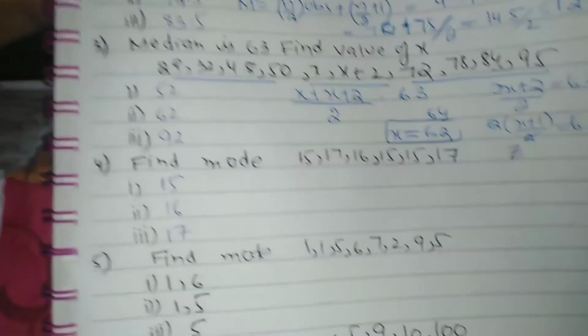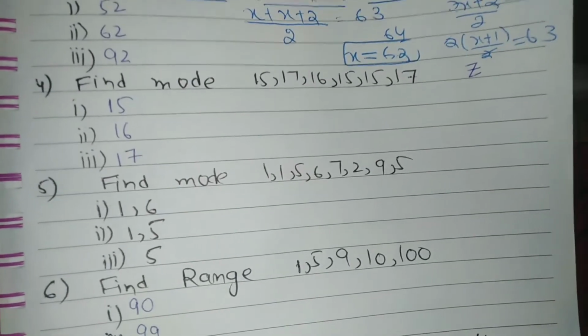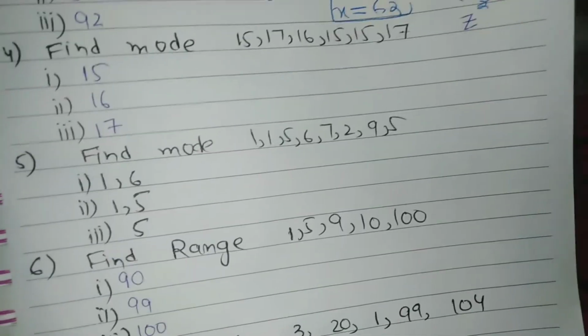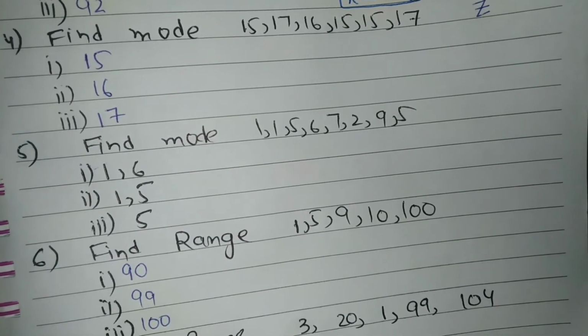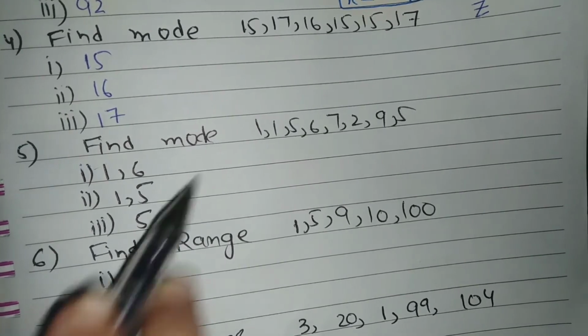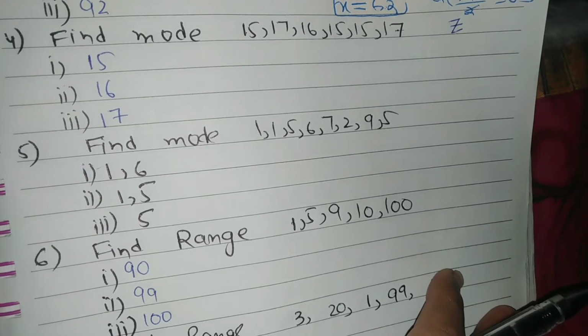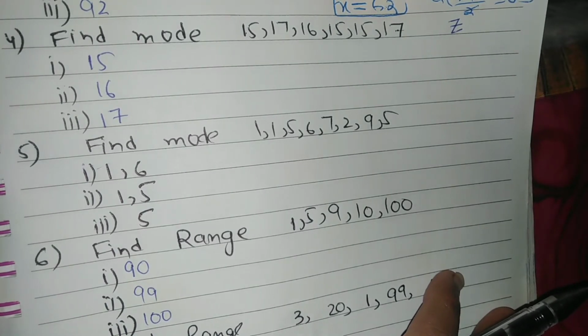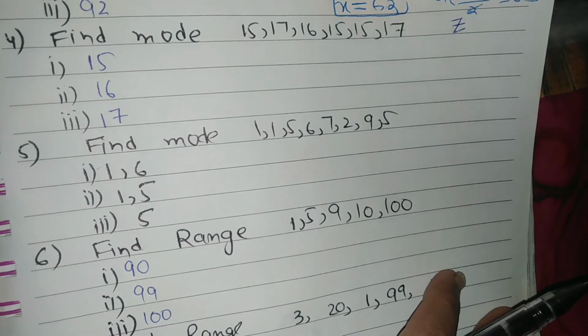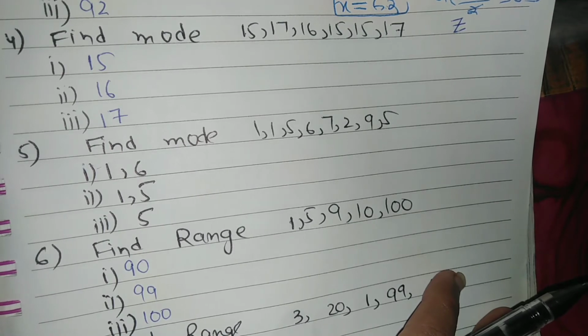The next question is find the mode. The series is given. What is mode? Mode is that value which repeats maximum time in the series.